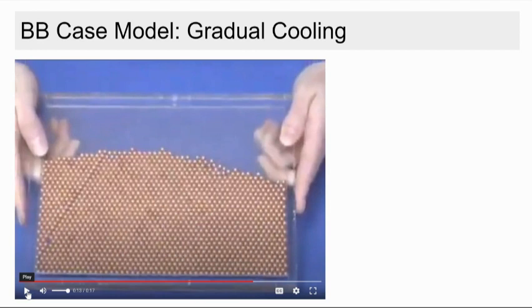You have large grains that formed, very regular regions of that crystal structure, so very large grains. In fact, if I look at this picture, I really only see a couple of grains in it. We have extremely large grains that formed and very few defects. That's why annealed metals, because of their large grains and very few defects, are very soft, they're very workable, they are not strong at all.